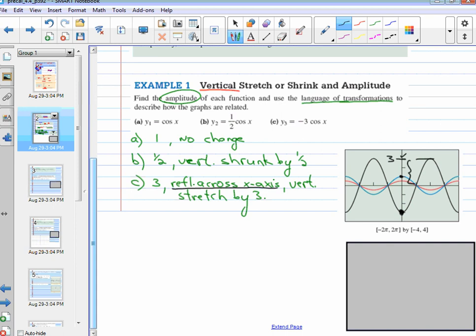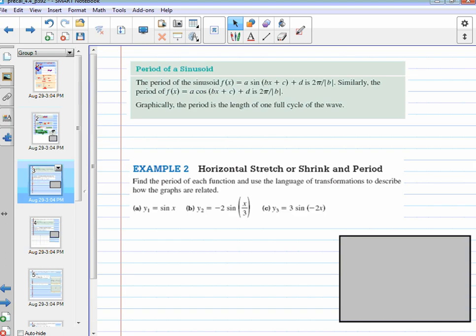But you are right that if I took this point, normally it starts back at the origin, at the y-axis, and it's just been moved a certain distance, it would look exactly the same. We're going to see that too. There's more than one way to make it look like that black graph, because it repeats itself.